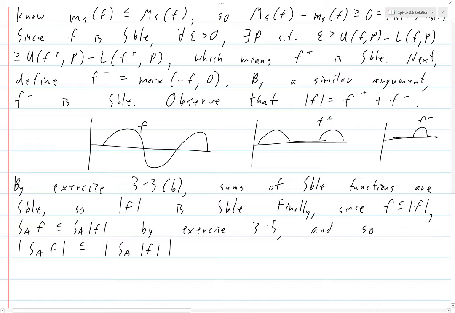They could be 0, but because the absolute value of f will never be negative, these supremums and infimums can never be negative. And so you're taking a sum of a bunch of positive things, and so it will be positive.